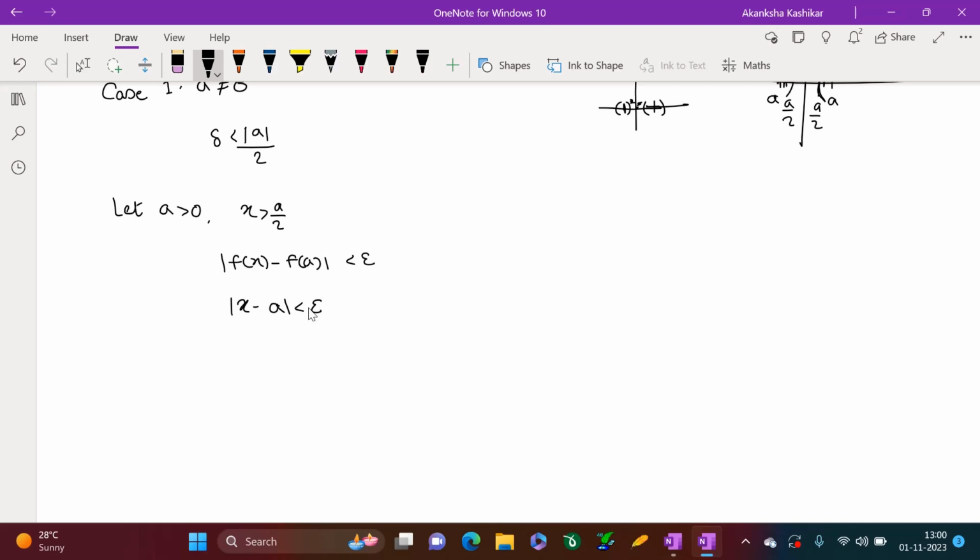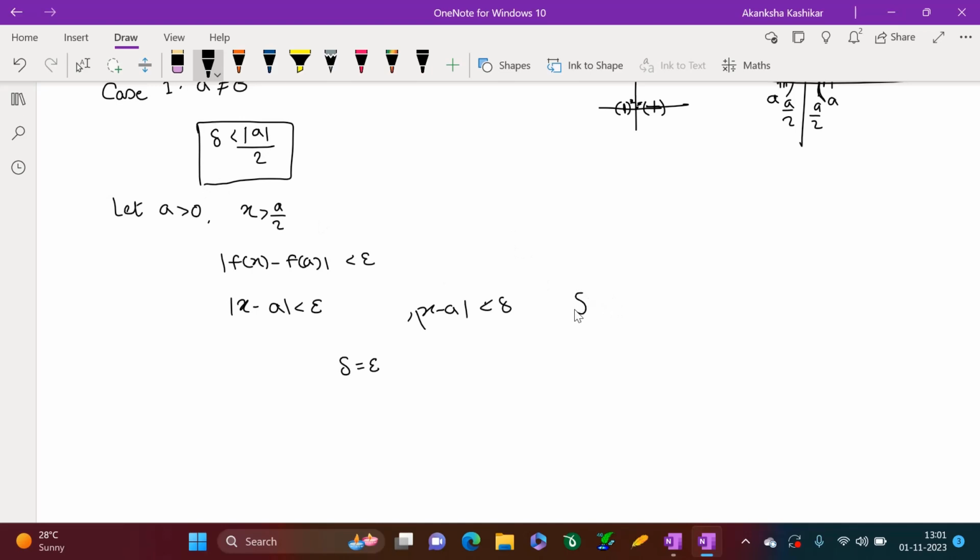Now when will this happen? This will happen when x minus a is less than delta also. So we want delta such that x minus a less than delta implies x minus a less than epsilon. We could take delta as epsilon, then it will work. But of course, we have to make sure that this condition is also satisfied.